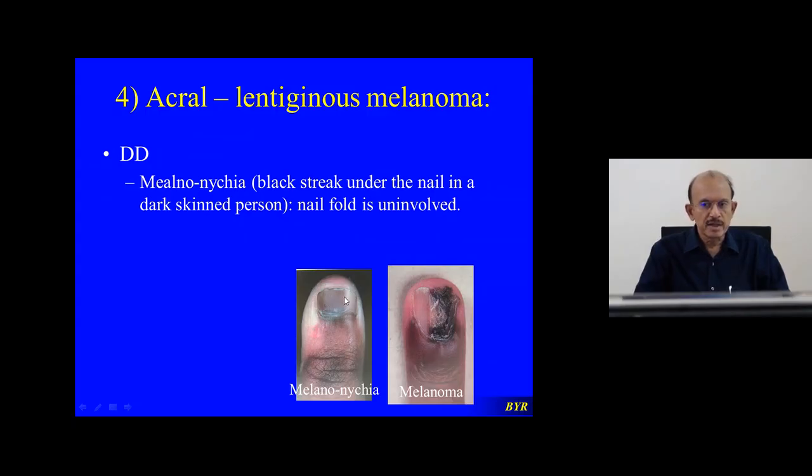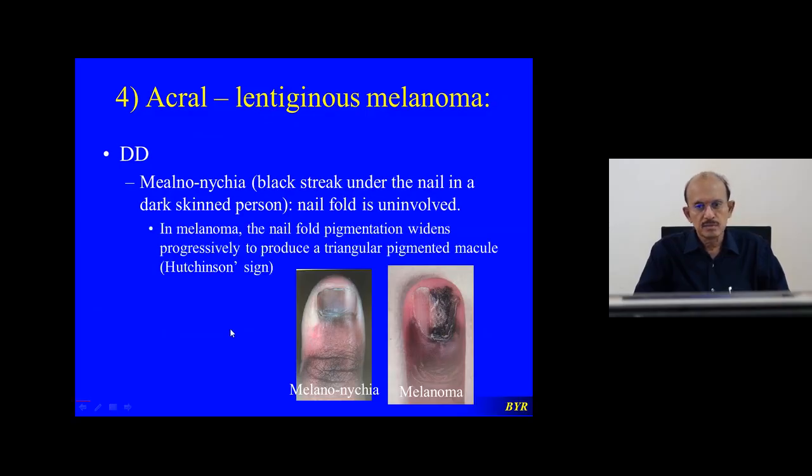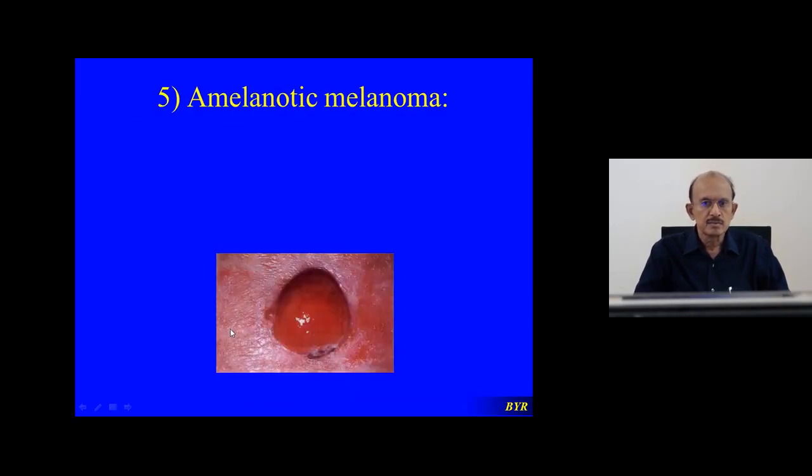So how to differentiate? When it is due to melanonychia, that means black streak on the nail of a dark-skinned person, the pigmentation is confined only to the nail. In melanoma of the nail, there will be involvement of the nail fold also. So that is about acral lentiginous melanoma.